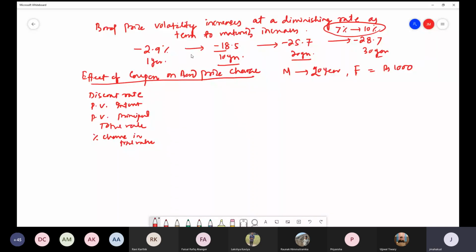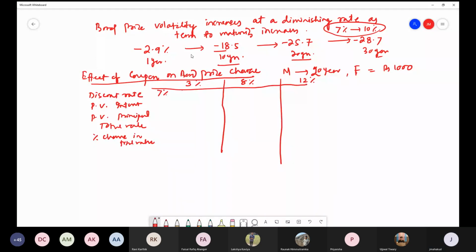Then we'll see that there is a bond whose coupon rate is 3%, another bond whose coupon rate is 8%, and another bond whose coupon rate is 12%. The discount rate was 7% in the beginning. So there are two scenarios we have to consider, and it has increased from 7% to 10%.